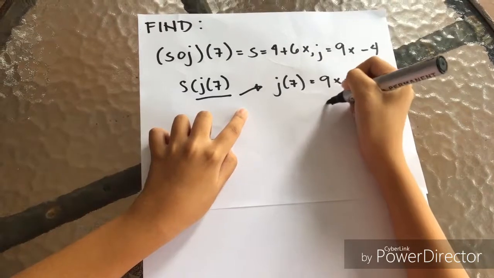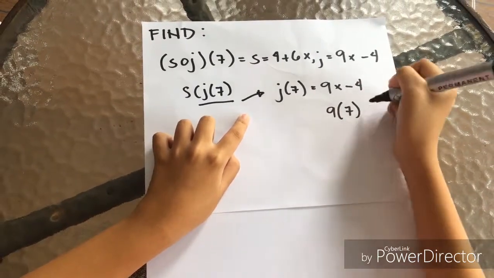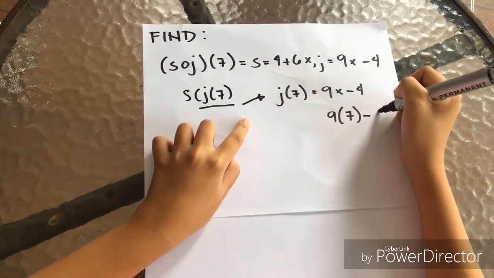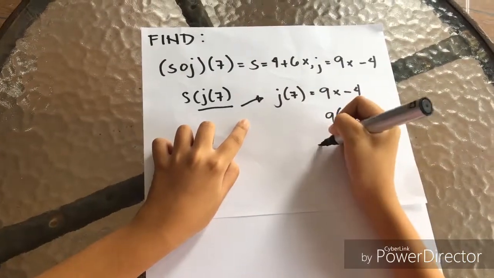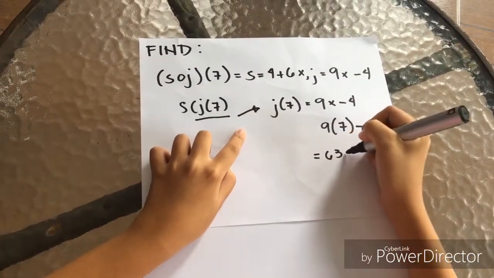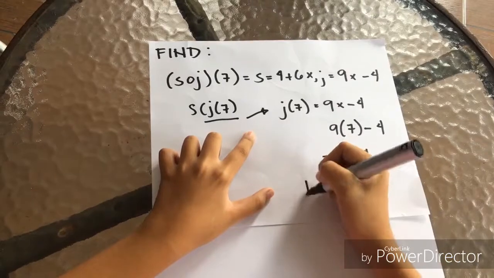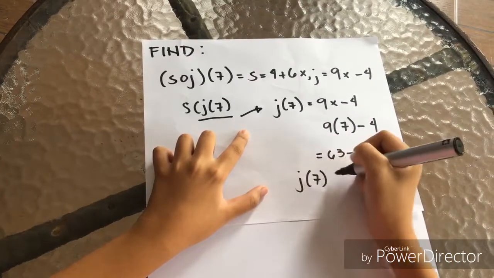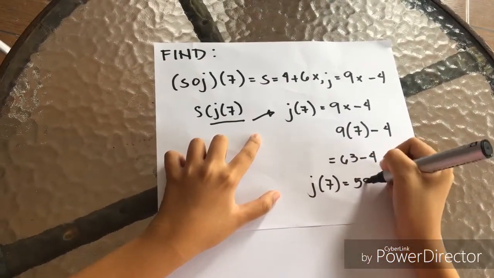We'll substitute the value of x, so that will be 9 times 7 minus 4. That will be 63 minus 4. J of 7 is equal to 59.